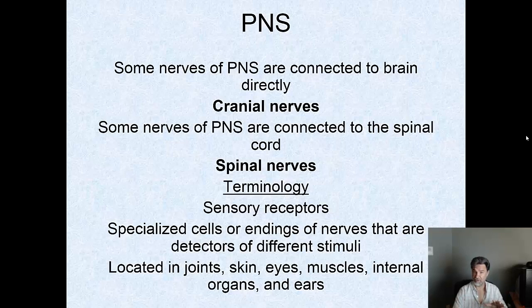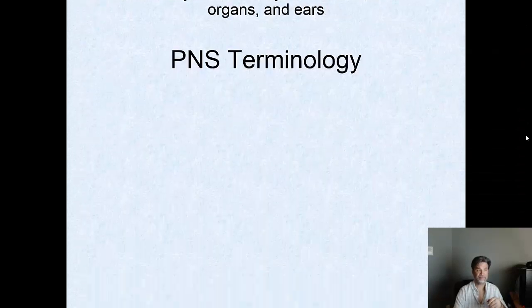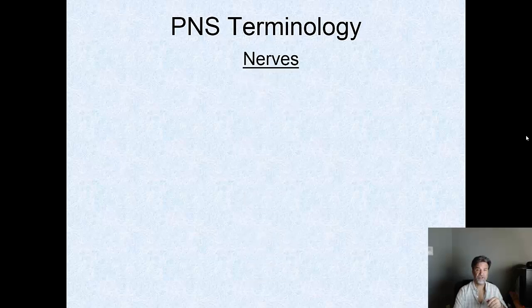We'll have a whole chapter devoted on those in chapter 16, into those that do the special sensations like seeing, tasting, smelling, and hearing, and then those that are devoted to general sensations that are found in the body wall and skeletal muscle area.